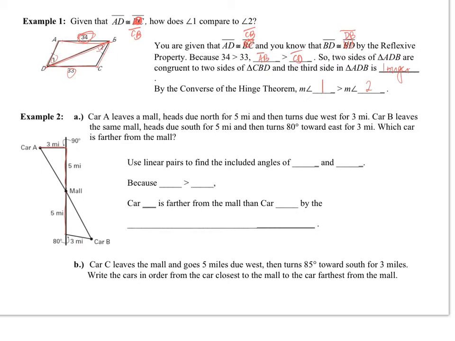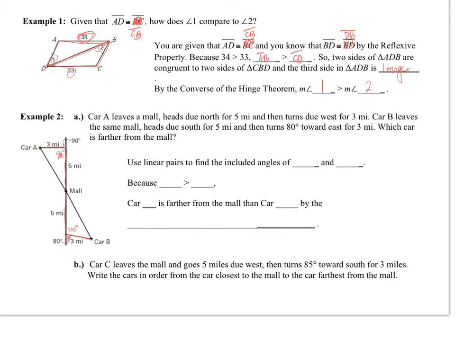So when it makes a turn, it forms an 80-degree angle here. So it makes 100 degrees here. And for car A, the included angle will be 90 degrees.